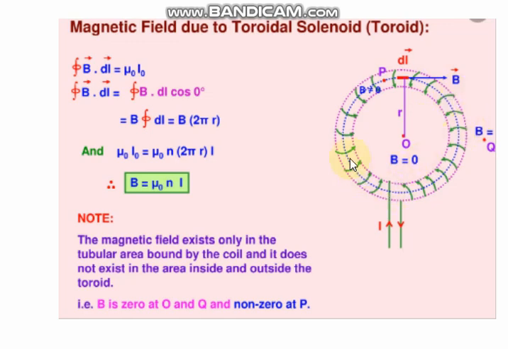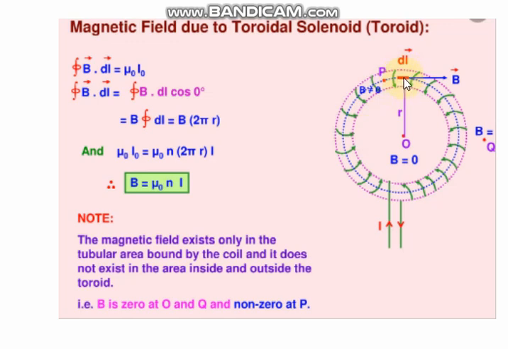We are considering the Amperian loop in the form of this dotted circle. The magnetic field B in this case is also in the form of circular rings.